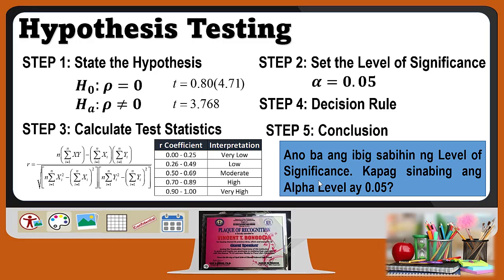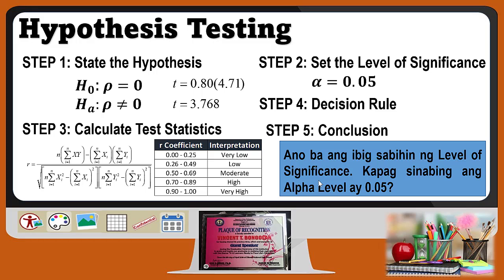So this is what I'm telling you a while ago. What does 0.05 mean? This is the percentage chance that you will accept the alternative hypothesis when the null hypothesis is true. Sa Tagalog, ito yung percentage na tatanggapin natin yung alternative hypothesis. Ano ba yung alternative na binanggit ko kanina?